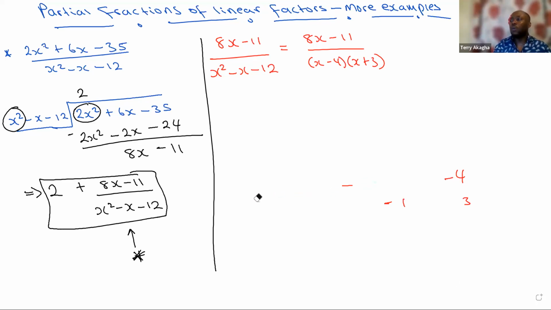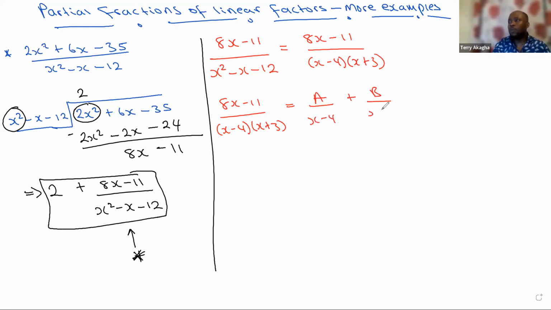I told you that you have to write it as prime factors. Now in step 3, I told you that you have to break it up because the factors are linear. It's going to be 8x minus 11 divided by x minus 4, x plus 3, equal to A over x minus 4 plus B over x plus 3.